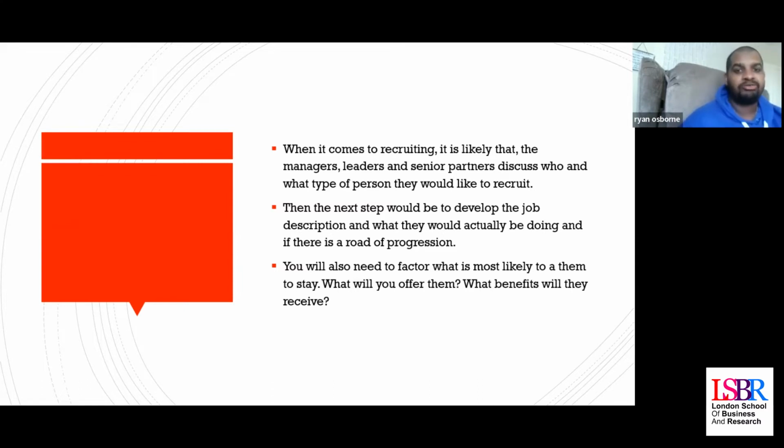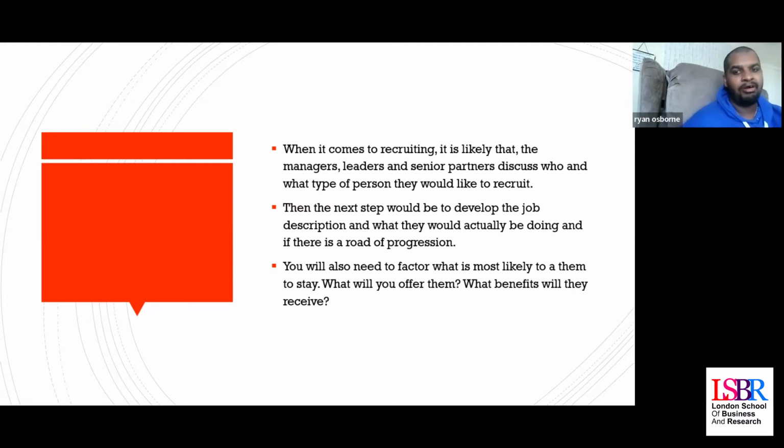When you put the job description together, you also need to think about what would make them stay within their job, what would make them want to progress within the actual company itself.